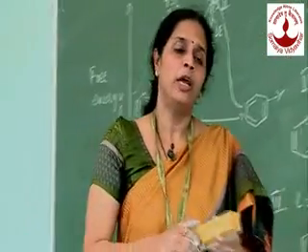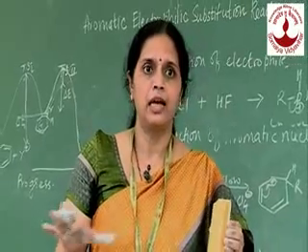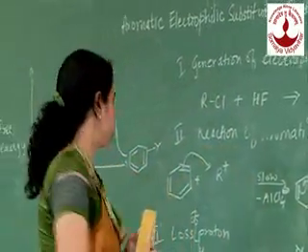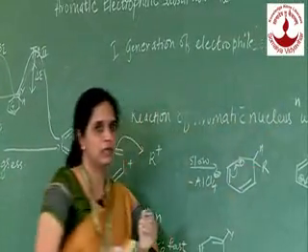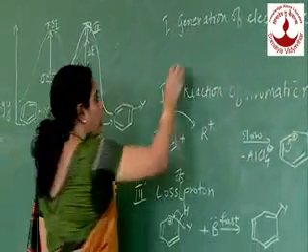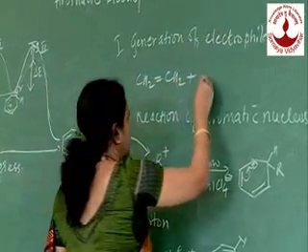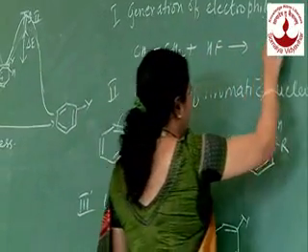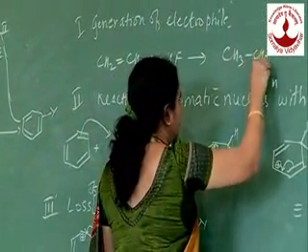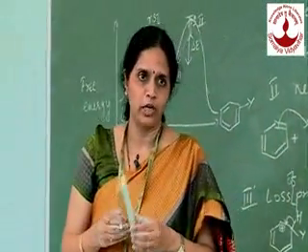Okay, you can also use an alkene as the alkylating agent. Suppose I use the simplest alkene. Which is the simplest alkene? Ethene or ethylene. I will have to use a Bronsted acid and I will be able to generate a carbocation, ethyl carbocation.